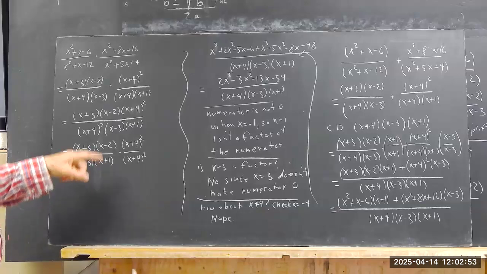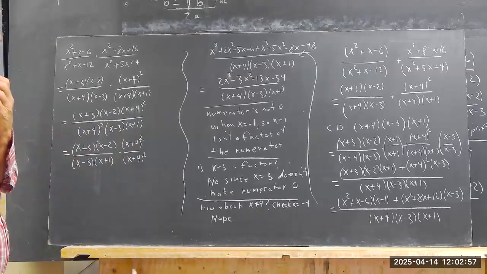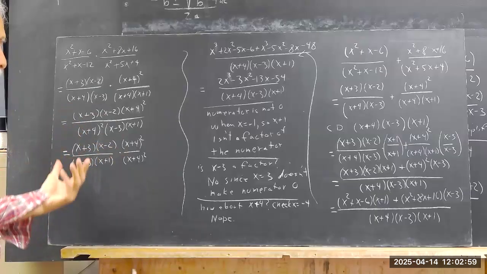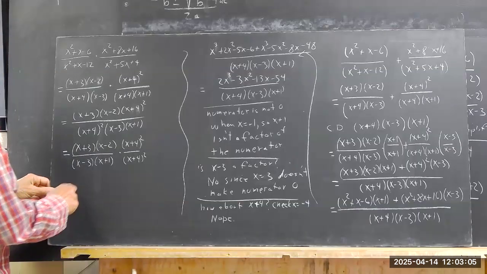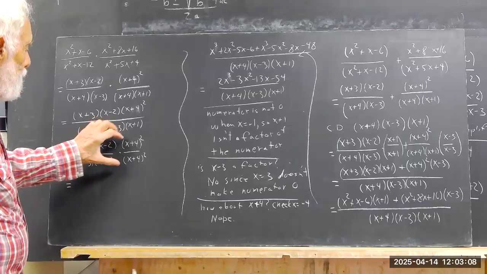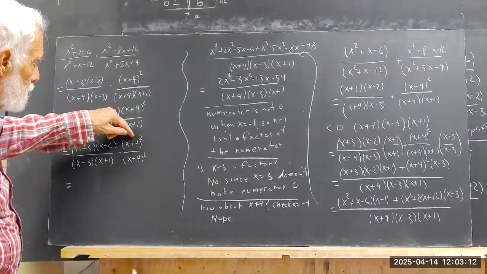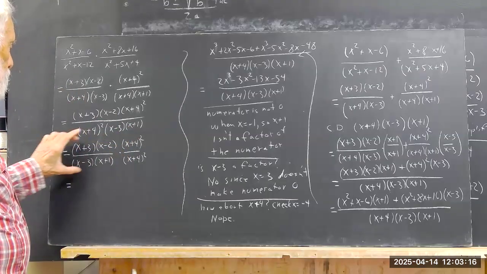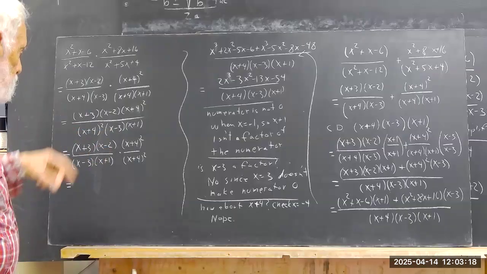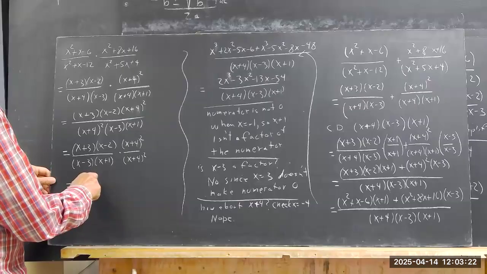In the previous step, I had x plus 4 squared times x minus 3 times x plus 1, which is the same thing, just in a different order, and the order of multiplication makes no difference. So now this second factor, x plus 4 squared over x plus 4 squared, is just 1, and multiplying my remaining fraction by 1 gives me that remaining fraction.